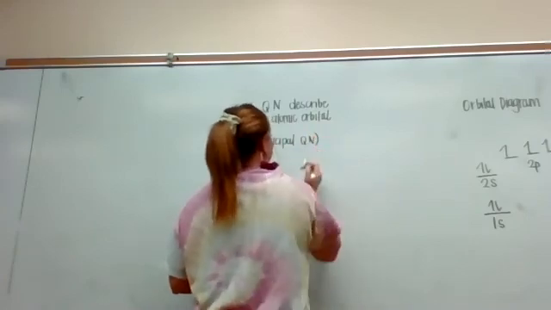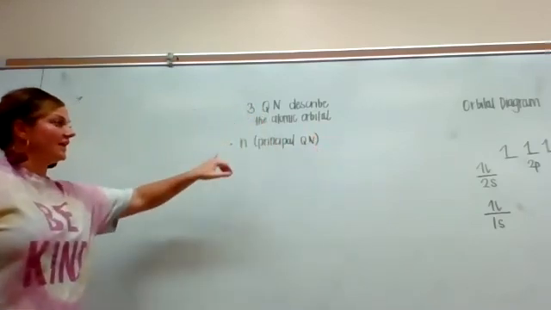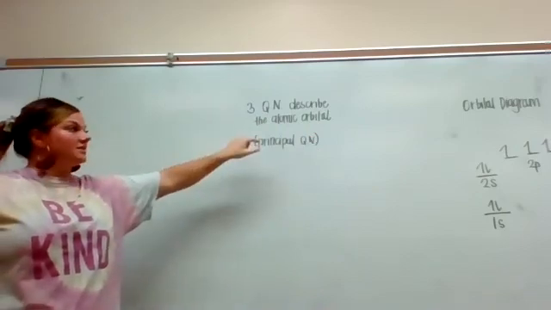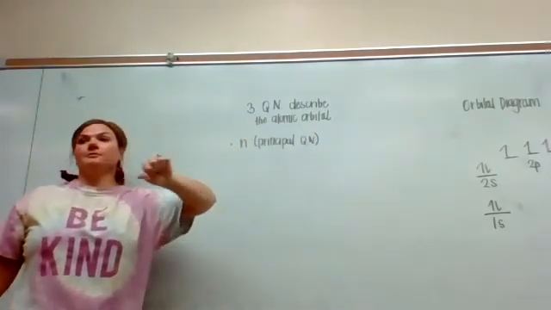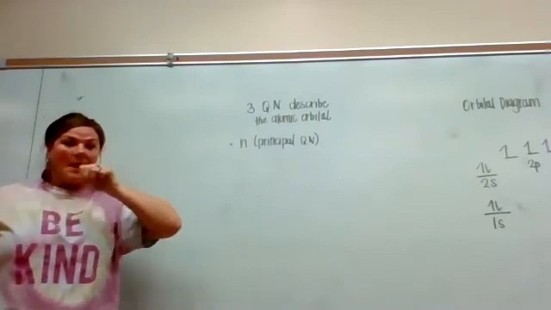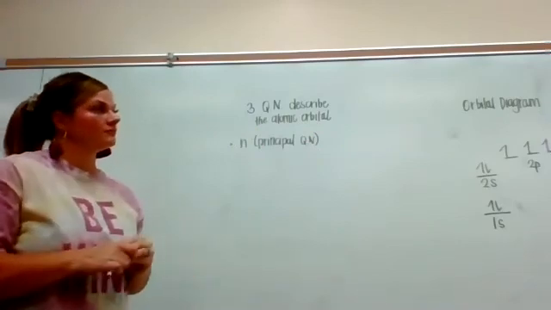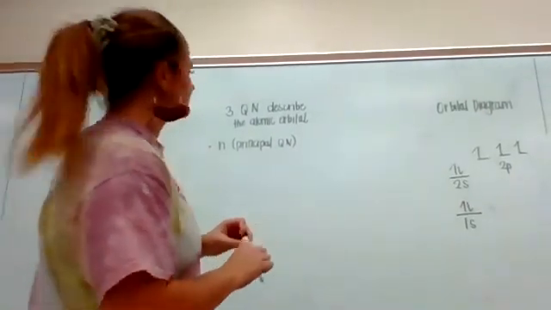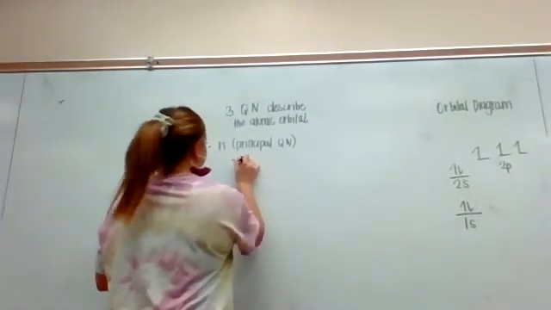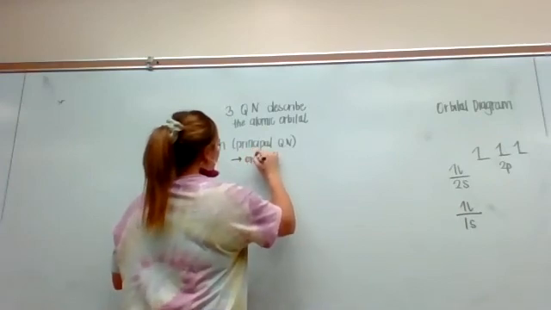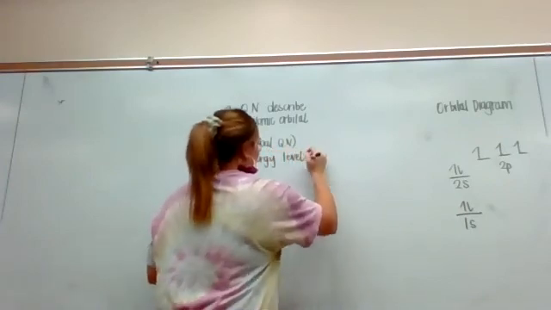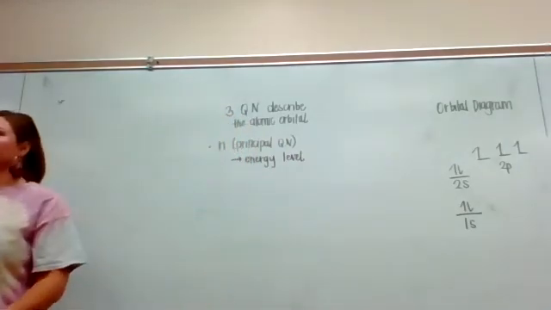All right, so the first one, we abbreviate N. We call it N. It is the principal quantum number. All it tells me is what energy level that electron is in.